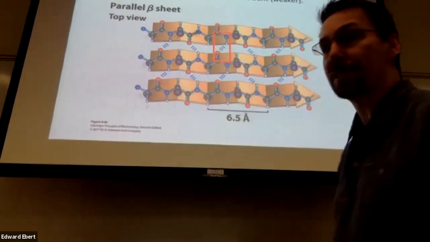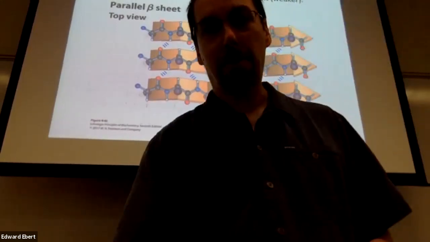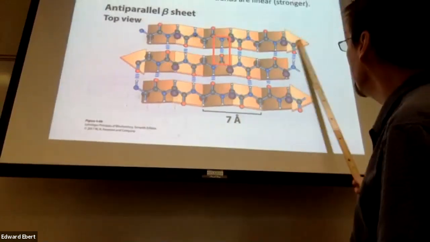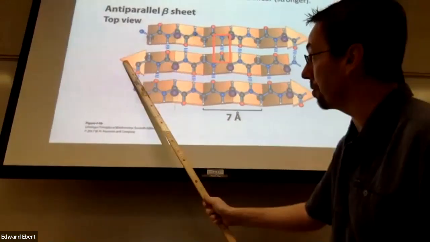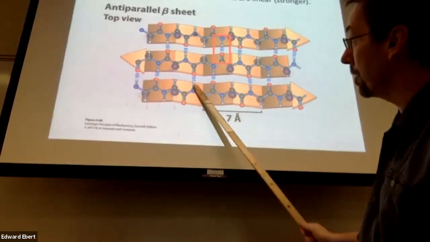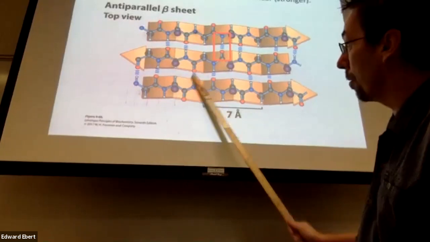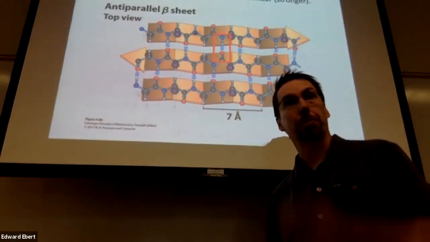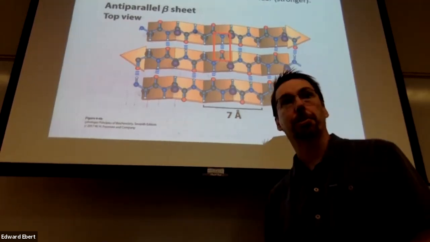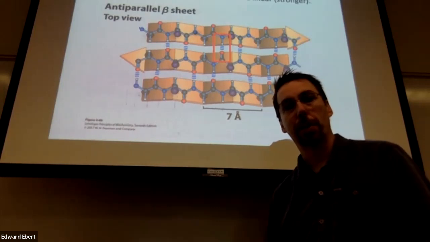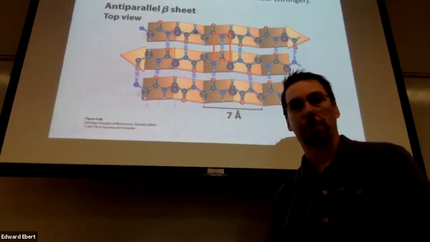It's not stacking as nicely as if we look at our anti-parallel sheet. Here we have this one go across this way, then connects down here and runs back this way, and connects down here, runs back that way. And you can see in our anti-parallel, our carboxylic acid and amino groups line up in a nice straight line. So we get a slightly stronger hydrogen bonding interaction in here. So anti-parallel is a little bit harder to tear apart.